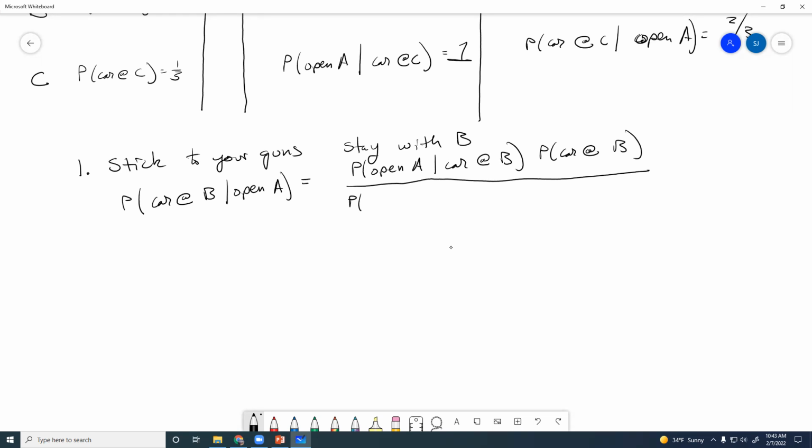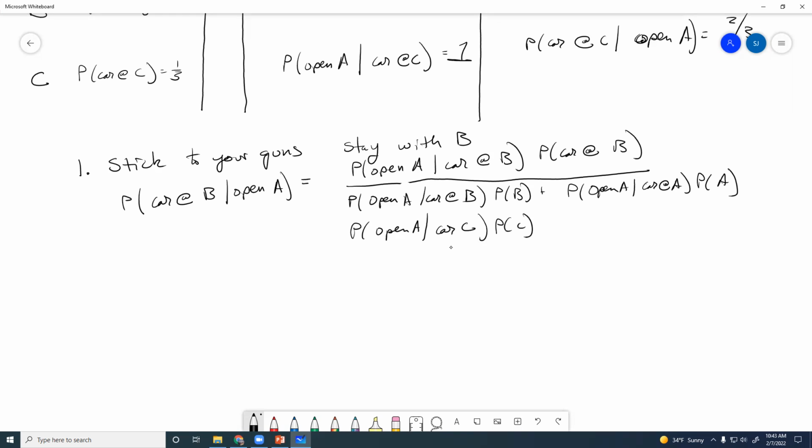So we'll say the probability that he opens A, given the car is at B, times the probability that the car is at B, plus the probability that he opens A, given it's at A, times the probability of A, plus the probability that he opens A, given the car is at C, times the probability of C. So let's add all these things together.